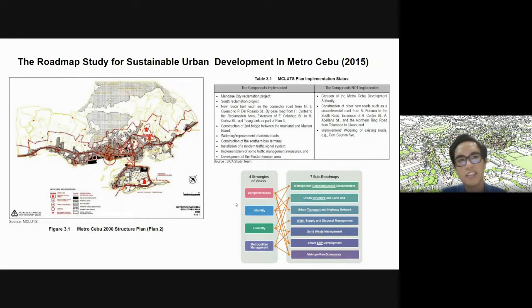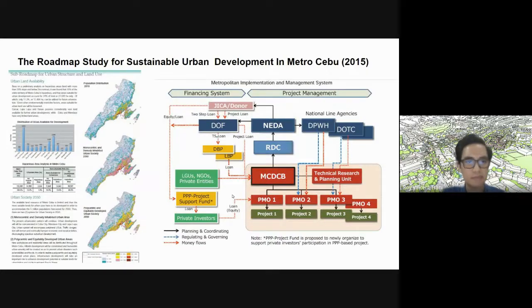The idea is if we keep it simple, everyone can understand what we're trying to do. And over here: metropolitan competitiveness enhancement, urban structure and land use, urban transport and highway network enhancement, solid waste management, smart SRP development, and metropolitan governance. So here is a bit more specific, but still vague. So we need to improve that.